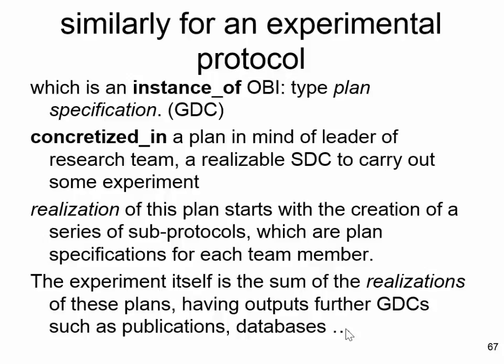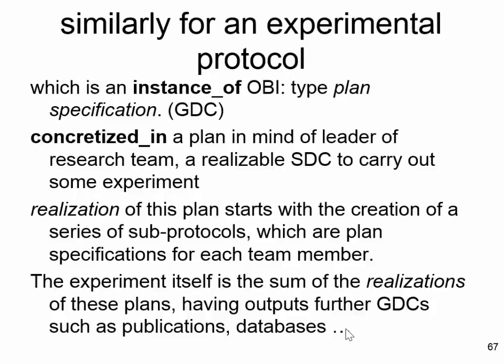The realization of the plan involves creating a series of subplans, because it's a multi-person experiment, which get concretized in the minds or heads of multiple team members. And then the experiment itself is the sum of all the realizations of these subplans. And it has outputs which are generically dependent continuants in the form of publications, databases, and so forth.